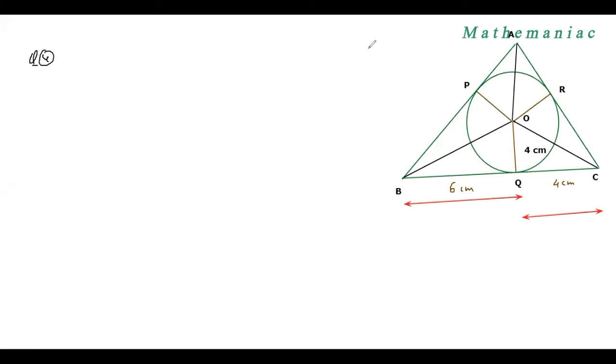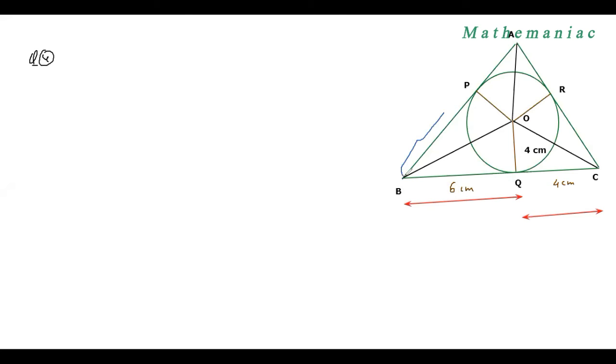Before that, we can use some prerequisite ideas. From B, these are the 2 tangents, so their lengths will be equal. As this is 6 centimeter, this will also be 6 centimeter. Similarly, as this is 4, this will also be 4. What I don't know is these 2 measurements. So I will consider this as x, and automatically this will be x. Now we have to put this into the figure.